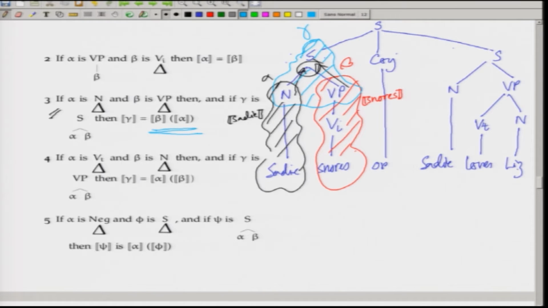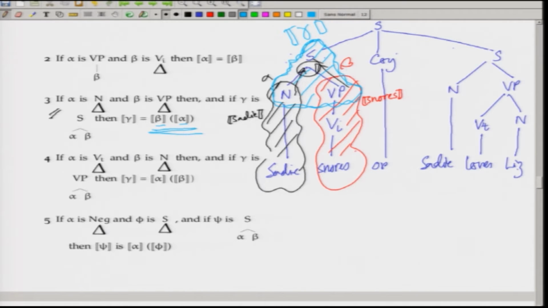What is the reference of gamma? Gamma is the entire branch. What is the reference of this entire branch? It is actually the result of giving the denotation of alpha to the denotation of beta, which is actually a function.